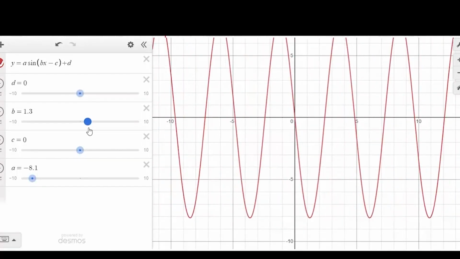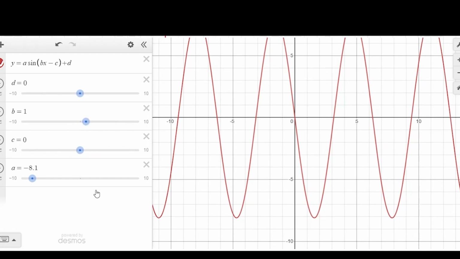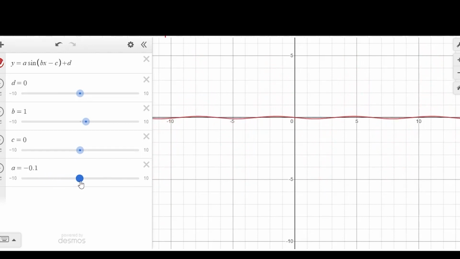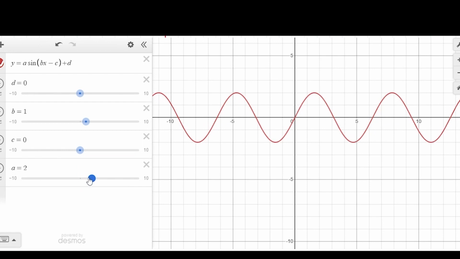Okay, now we just make it 1. Its amplitude at the moment is, let's change it to 2. Then what is the role of C?